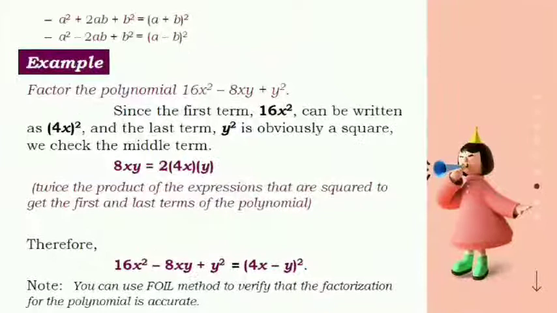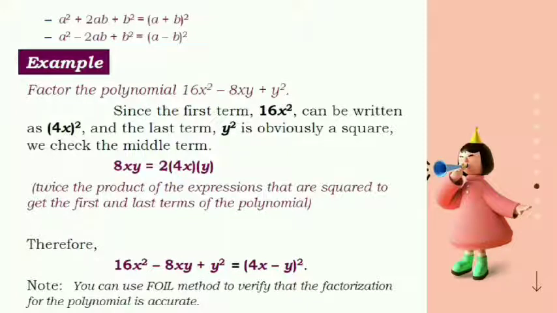So example, 16x squared minus 8xy plus y squared. Since the first term, 16x squared, can be written as 4x to the second power, or squared, and the last term, y squared, is obviously a square also.